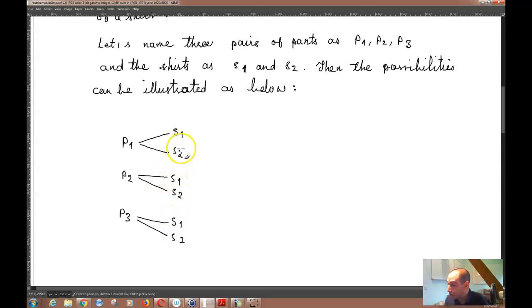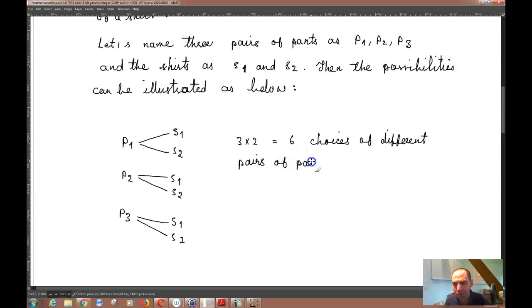So in total, I have 3 times 2, which is equal to 6 different pairs of pants and shirts. So I have 6 different possibilities, right?